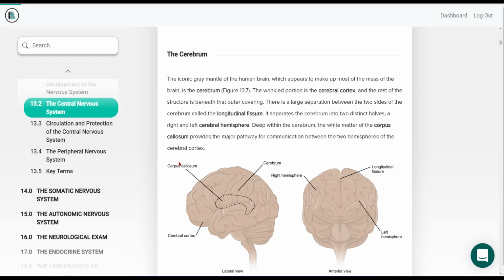Remember, corpus just means body or structure. Colossal, colossum. So this is a big old structure or body that connects the two halves of the brain, and you'll see it in other images, but it is white in color. So what does that tell you? That's right. If it's white, it's telling you that it's axons. So this is basically a big band of axons that are connecting the two halves of the brain.